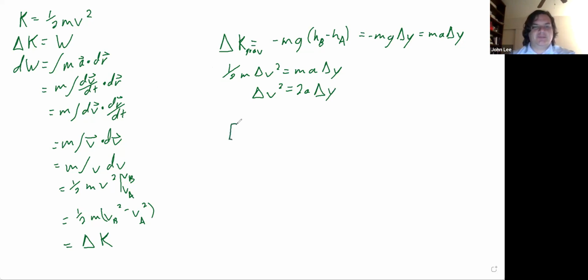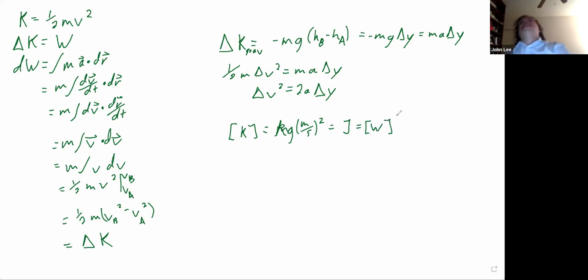Kinetic energy has units of mass times meters per second squared, which is equal to the units of work, which is the joule.